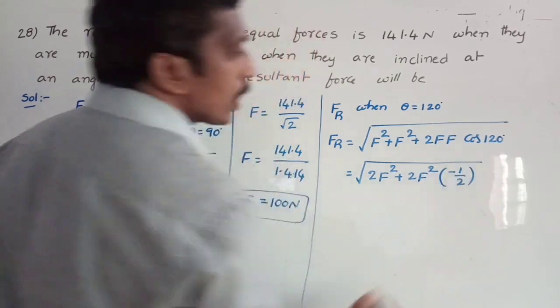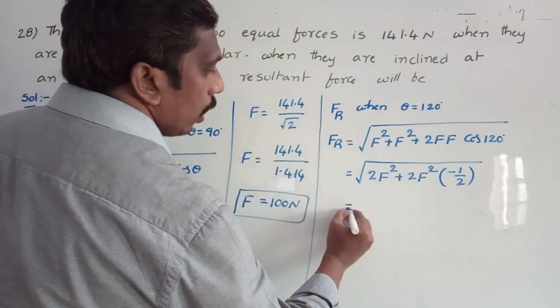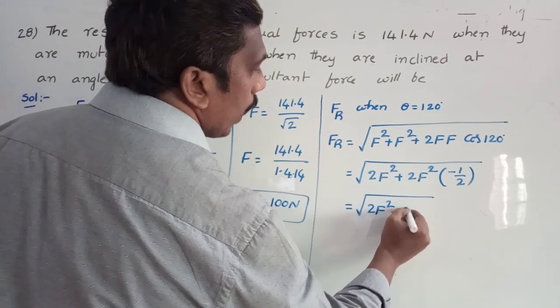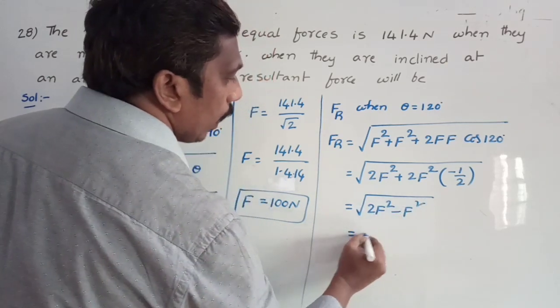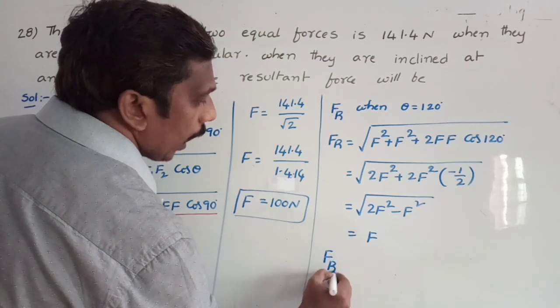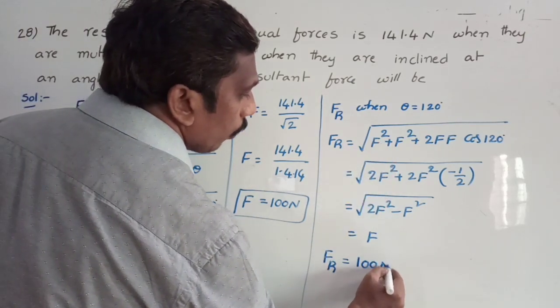The value of cos 120 degrees is minus 1 by 2. 2 gets cancelled. If we simplify, we will get 2F square minus F square. Finally, we can get F only. So, when they are making an angle 120 degrees, the resultant is equal to 100 Newton.